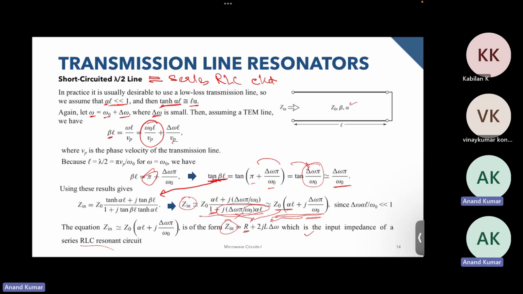So when we started the discussion on resonators, we said that most microwave circuits can be evaluated as either series RLC or parallel RLC. We discussed these in detail earlier, and now we just show that short circuited or open circuited transmission line sections can be expressed in either of these two ways.